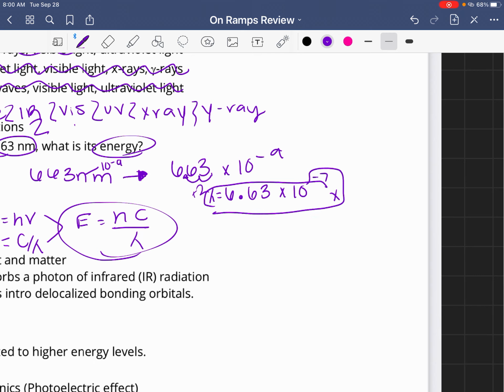So we're going to do 6.6 times 10 to the negative 34 for Planck's constant times the speed of light, which is 3 times 10 to the 8 meters per second.